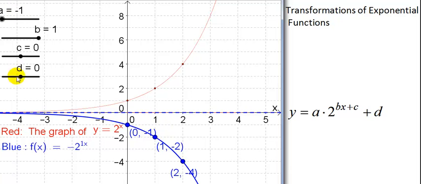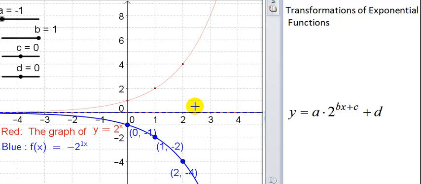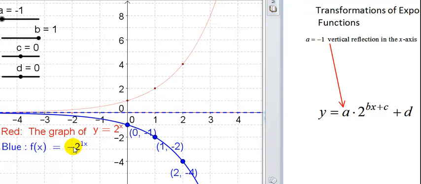Yes. When a equals negative 1, my graph now is y equals negative 2 to the x. Notice the points that were 1 unit above are 1 unit below, 2 units above, 2 units below, 4 units above, 4 units below. So we got a vertical reflection in the x-axis. But notice the asymptote that was the x-axis has not moved. So when a is negative 1, you can see we get a vertical reflection in the x-axis.